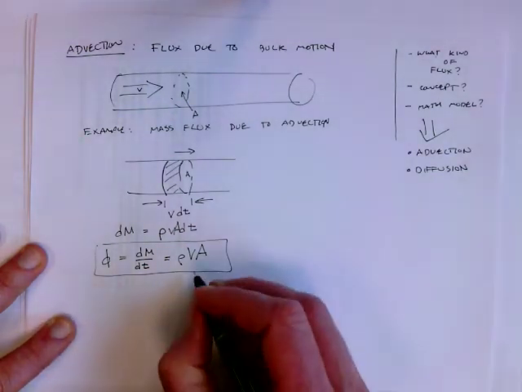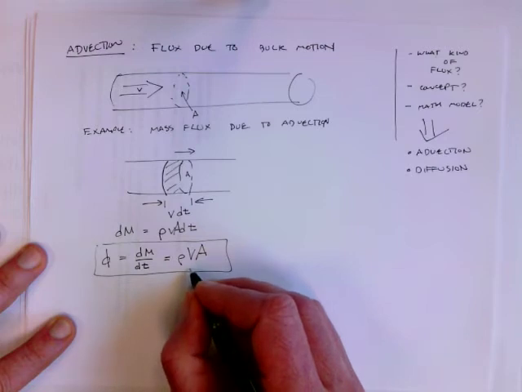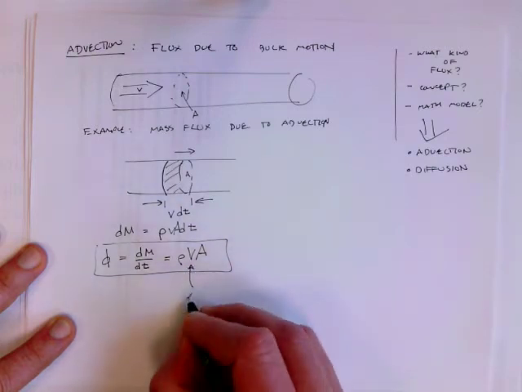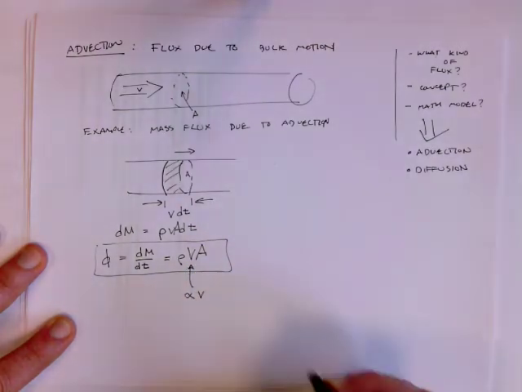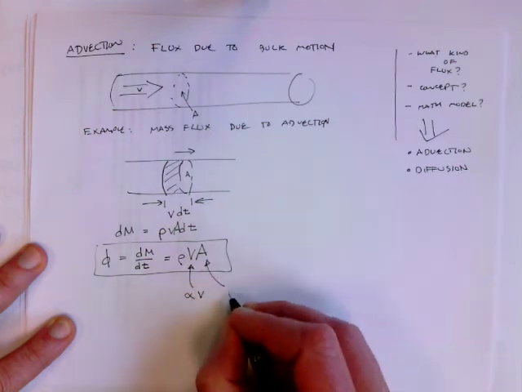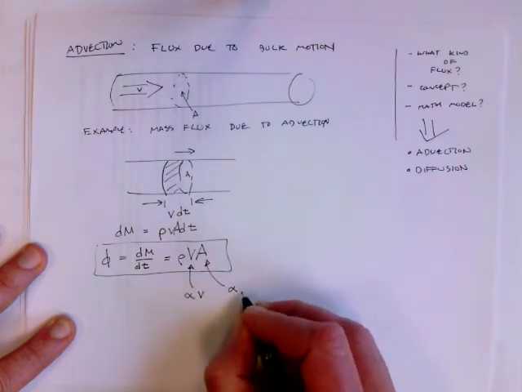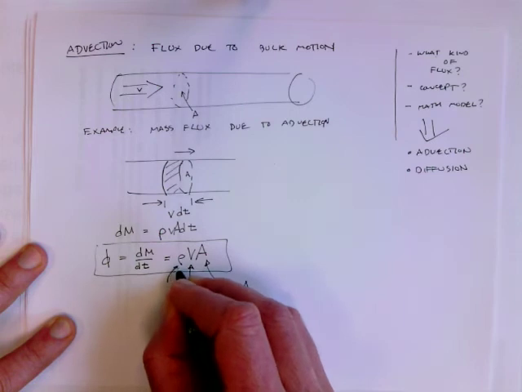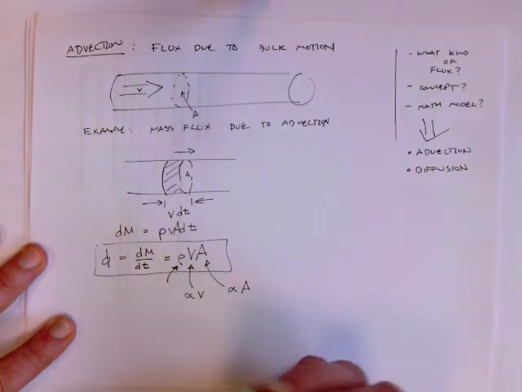The key idea here is that the flux through that surface is proportional to the velocity, to the area, and to the density of the physical quantity.